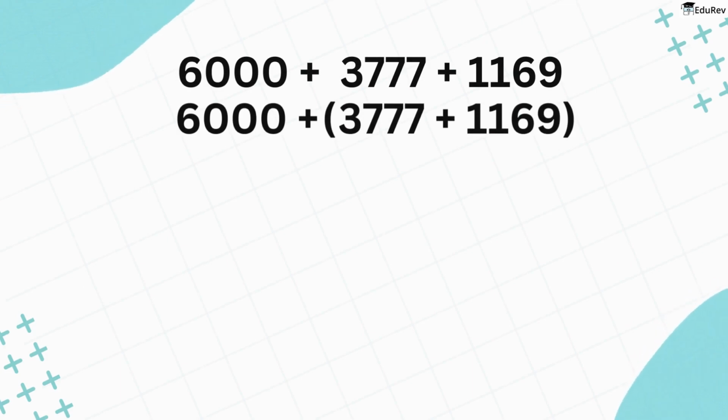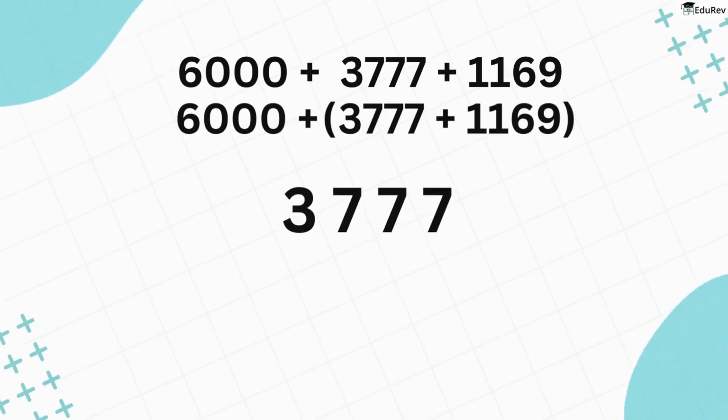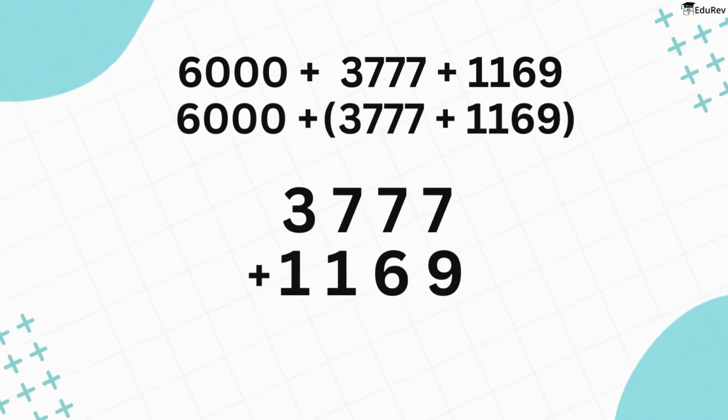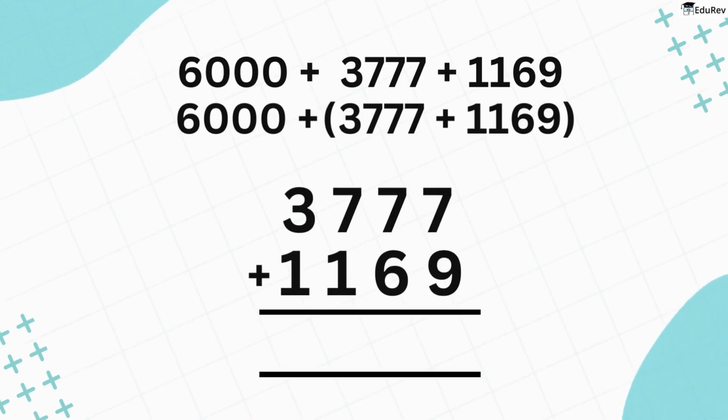Now, let's add the numbers by regrouping the last 2 addends, that is 3777 plus 1169. Solving 3777 plus 1169 first, we add the terms at 1's place. 7 plus 9 is 16. We write 6 and carry over 1. Next, in the 10's column, we add 7, 6 and the carried over 1.